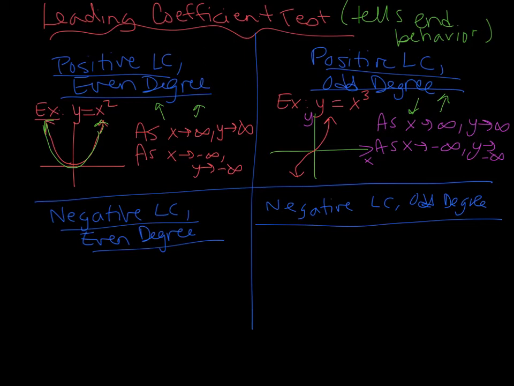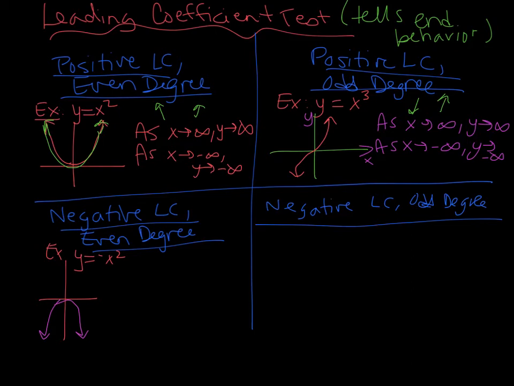Okay, so we have two more. The next one is if we have a negative leading coefficient and an even degree. My example here is y equals negative x squared. The degree is 2, which is even. The leading coefficient is negative 1, which is obviously negative. So that one looks like this. And everything that falls into this box is going to have an end behavior that's similar to that.